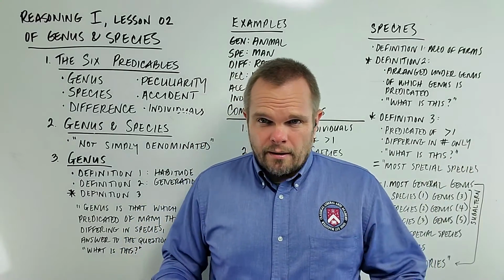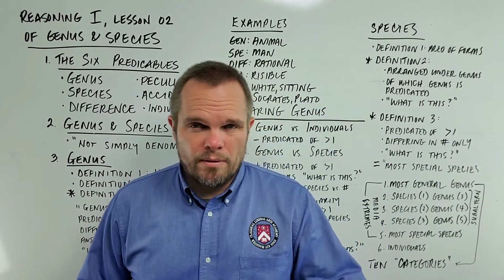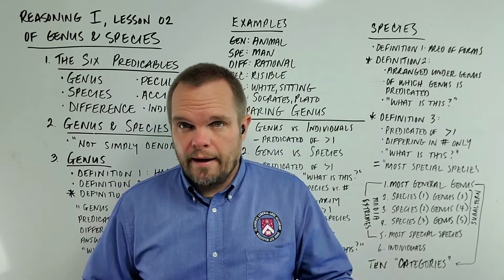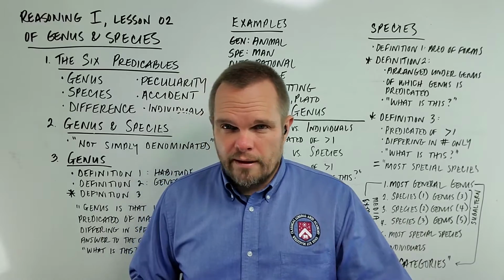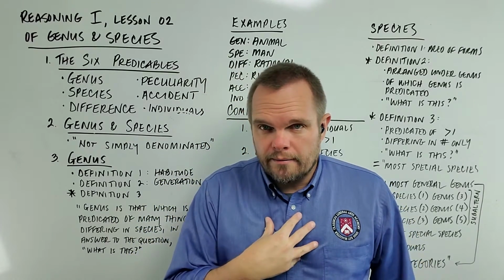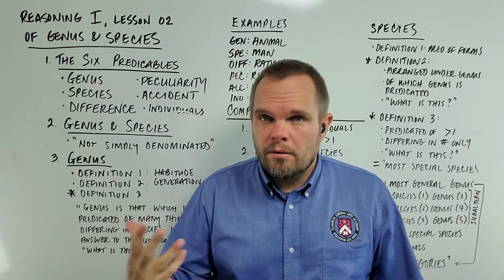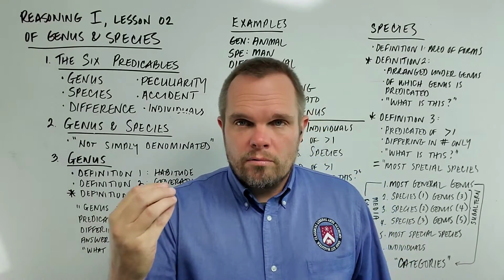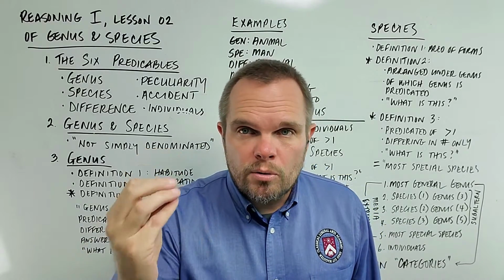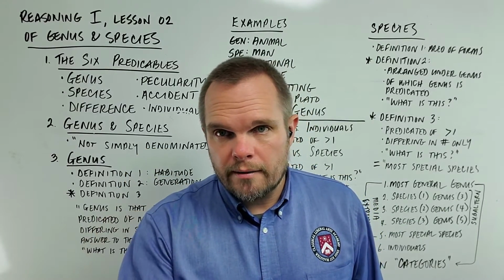We may say a hyena laughs, but it's not laughing. It just makes a sound that is like laughing. So a laughing hyena is not actually laughing. But only man is able to laugh. And so risible, or able to laugh, is a peculiarity of man.